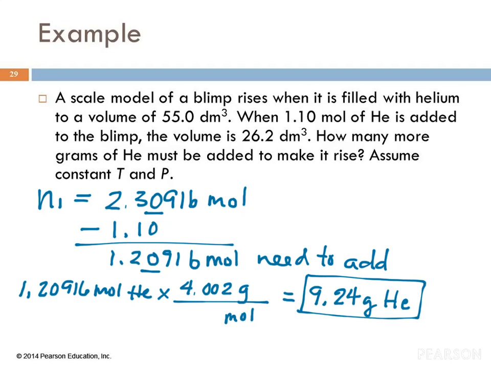Oh, good grief. 2.30916 minus 1.1 times 4. Yes, yes, yes. Thank you, thank you. So, how about 4.84? Is that better?